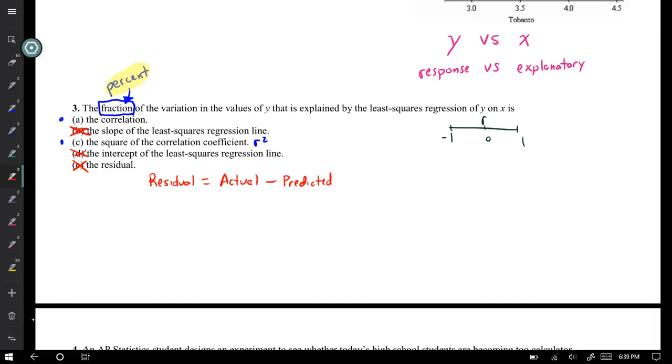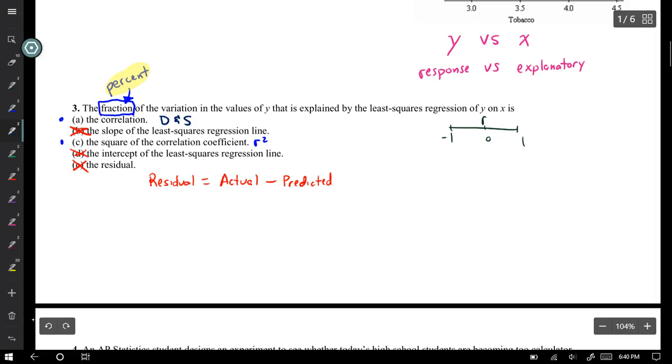Well, correlation is your R value, we said. It really is used for direction and strength. The square of the correlation coefficient, the square of the least squares regression line, that's your R squared.